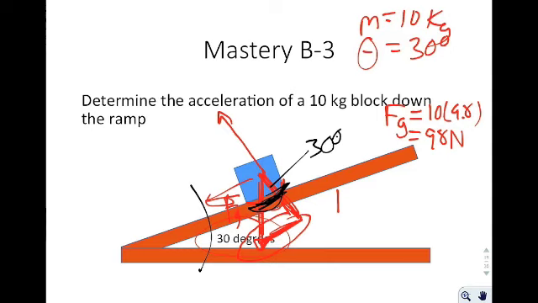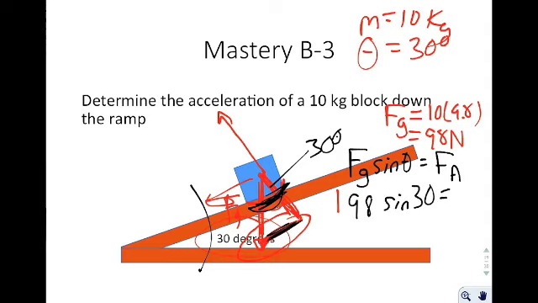If that's 30 degrees, then this side of the triangle can be calculated by weight times the sine of the angle, which is going to equal the new applied force. So 98 times the sine of 30 is equal to the applied force. The sine of 30 is 0.5. If you didn't know that, you could use a calculator.